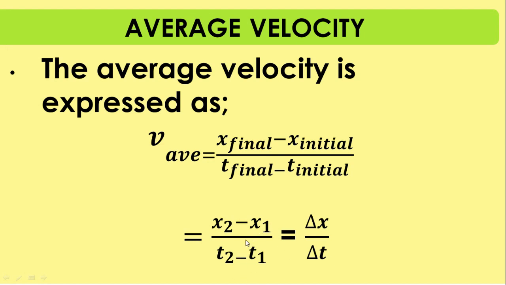So same lang po sila. Ang pinagkaiba lang po dito is that this is expressed in descriptions, we have the final, initial. Here, the subscripts are expressed in numbers. And also, we can write the average velocity as the change in position over the change in time.